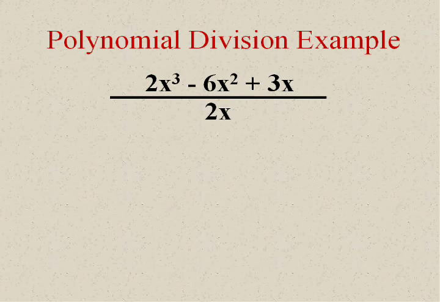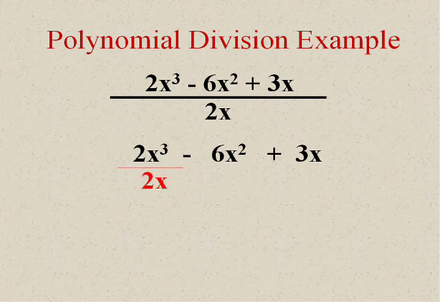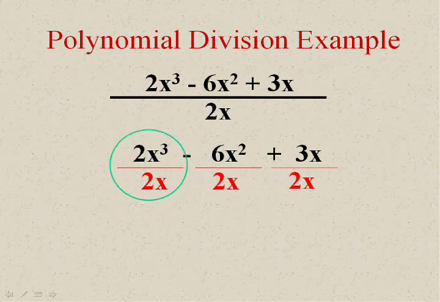Let's try one more. I want you to understand that this is going to become 3 little problems. Let's try it. In this part of it, the 2's cancel, and x to the third divided by x, remember, to the first is just x to the second.